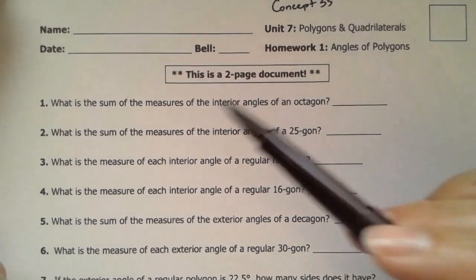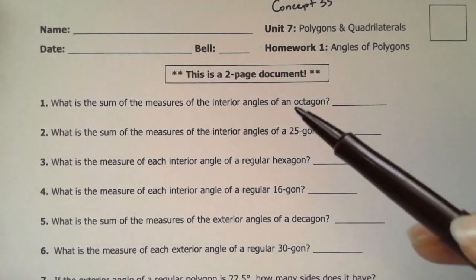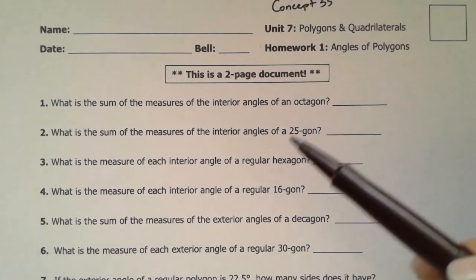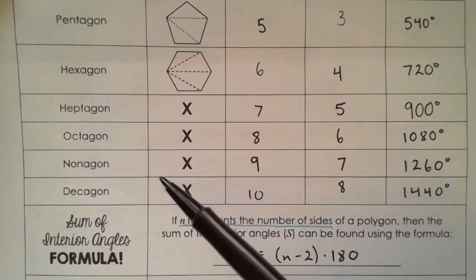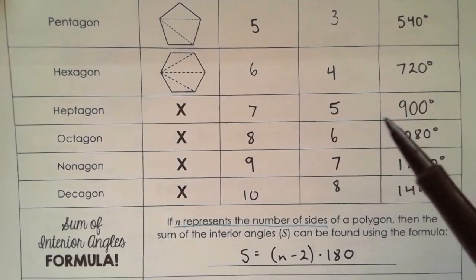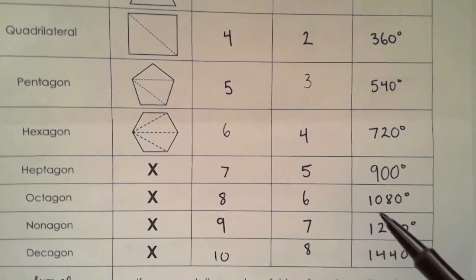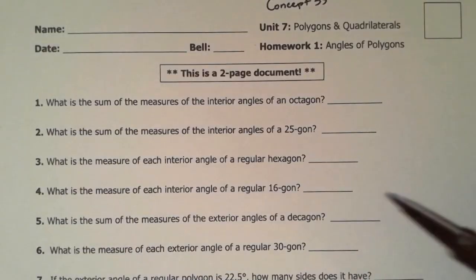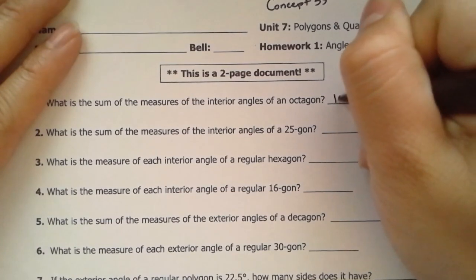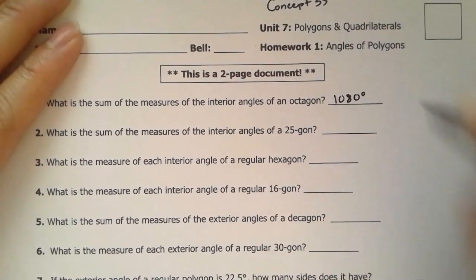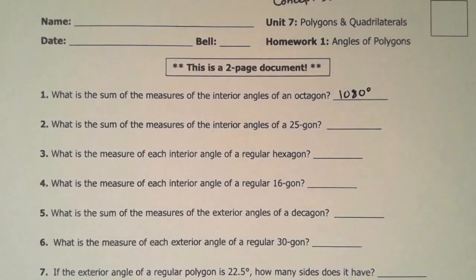The octagon is in our table. It's the 8-sided figure here, and it's the third column, the sum of the interior angles, 1080. So number 1 is just information pulled from our table already, and we're done.